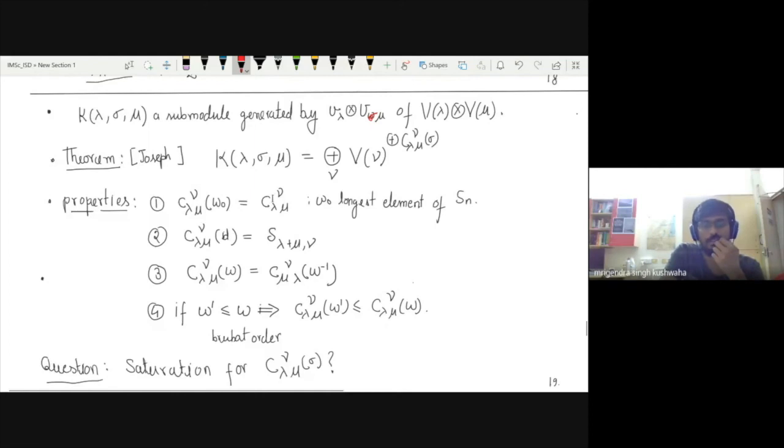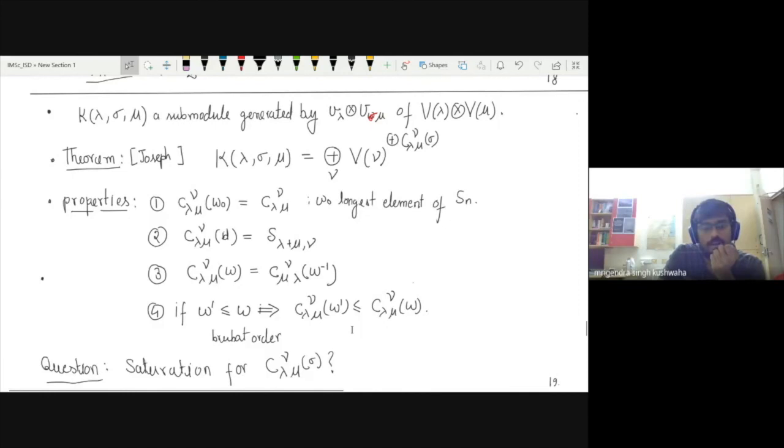It is not changing. But here there is a little twist. If you take lambda, mu, nu and this W, and you switch mu and lambda, this W will change to W inverse. And the fourth property is, if W dash is less than or equal to W in Bruhat order, then the refined Littlewood-Richardson coefficient has this relation accordingly; it will preserve the order.